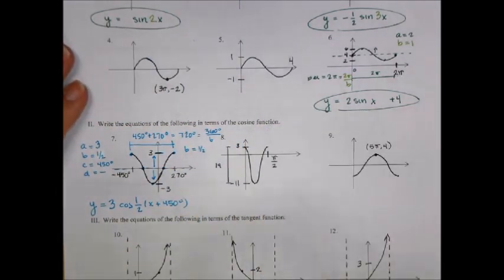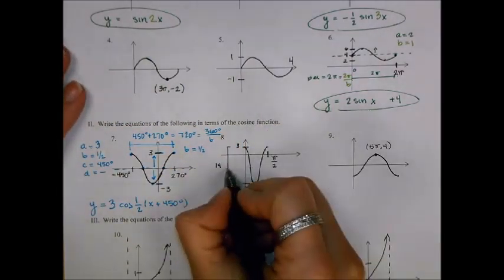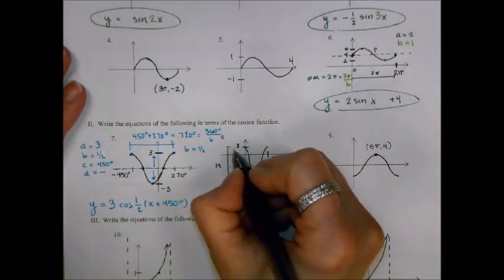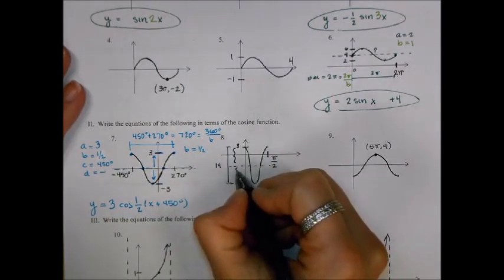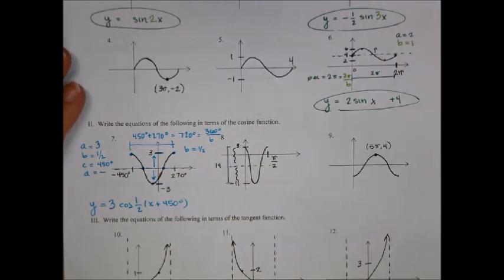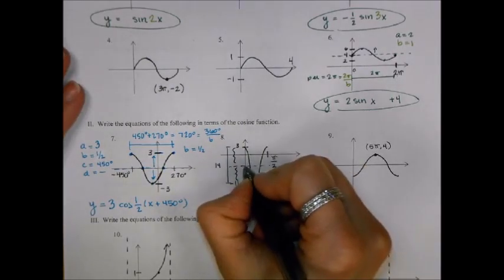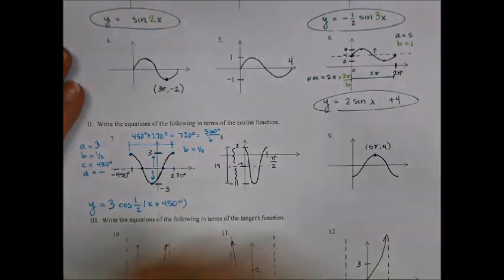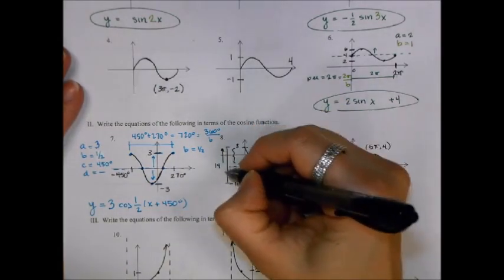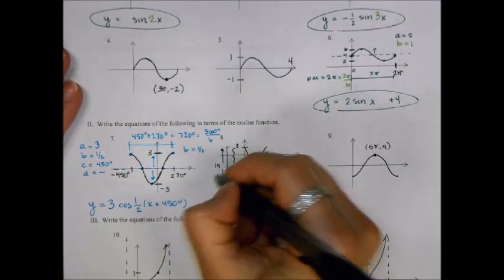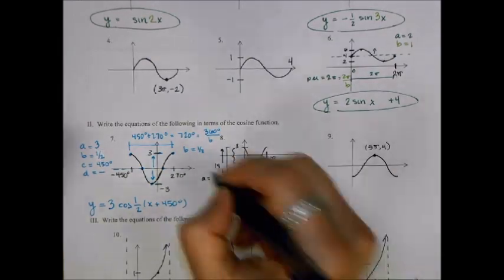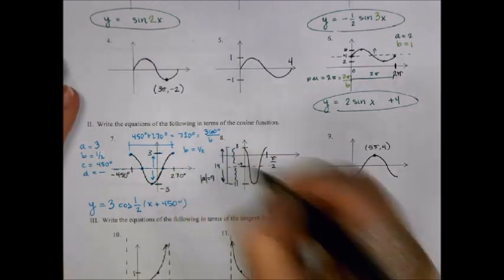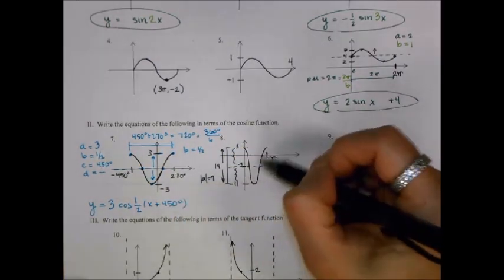So the middle here should split 7 units and 7 units. So this is running through at -4 right here. So that's 7 units up and 7 units down. That's our A value, or that's our amplitude, 7. And because it's a positive cosine graph, we will start with a positive 7.